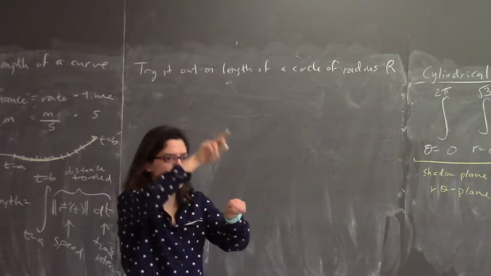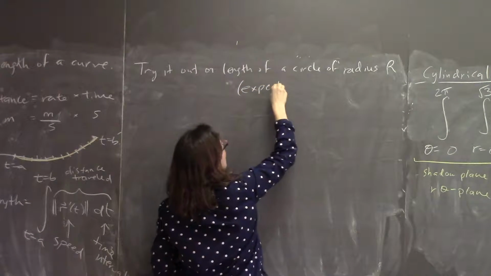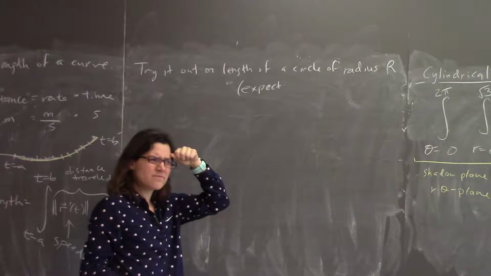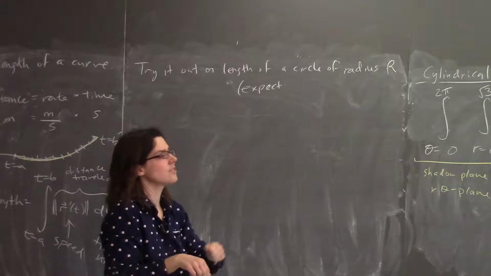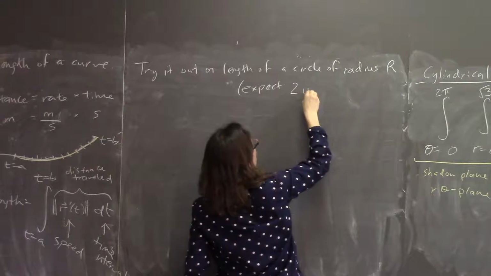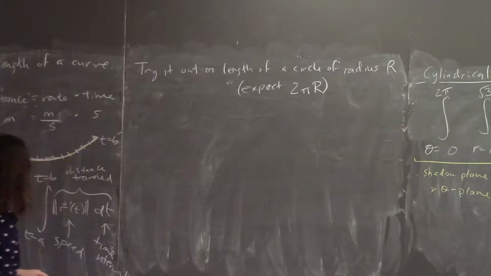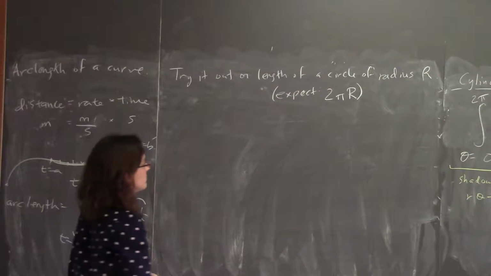Okay, the length of a circle of radius r, we expect, what would you expect? Yeah, 2 pi r. The length of a circle is also known as the circumference, so you expect to get 2 pi r. And here I'm using big R so that we don't get confused with the little vector r that tells us where we are.